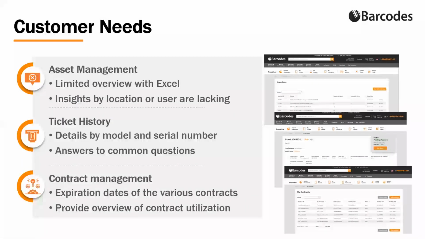Secondly, capturing the ticket history, specifically for not just the fleet of assets, but also individually for both support and its repair history. And when you have that history, you're able to review it, ask fairly common questions to help you determine, is this the right asset for my user? Is it having more problems? Do I have enough? Those types of questions.